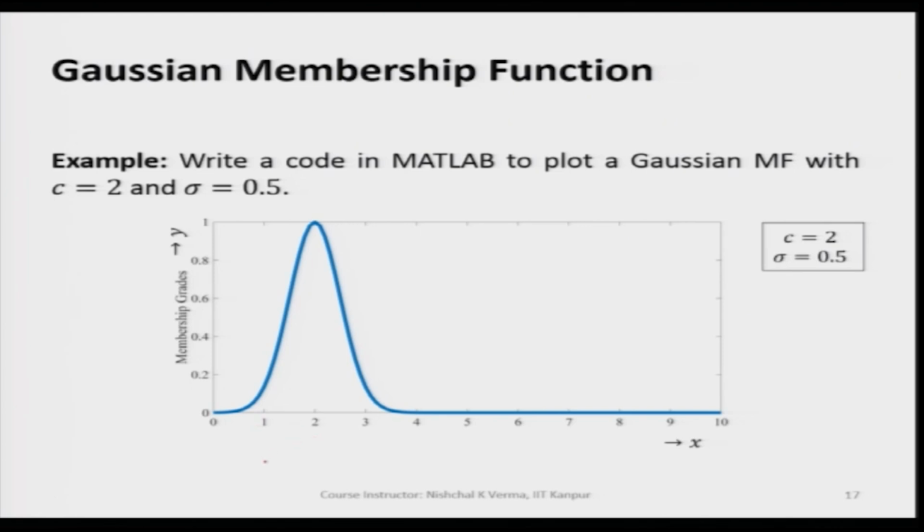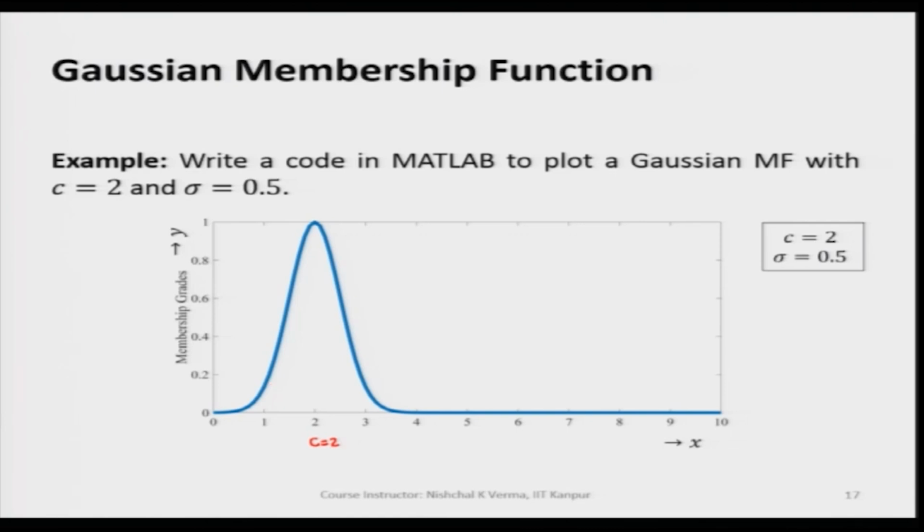You see the center of the Gaussian, the mean, comes at c. So c is equal to 2, and the standard deviation is 0.5, which is used to generate this plot. This is called a fuzzy Gaussian membership function.